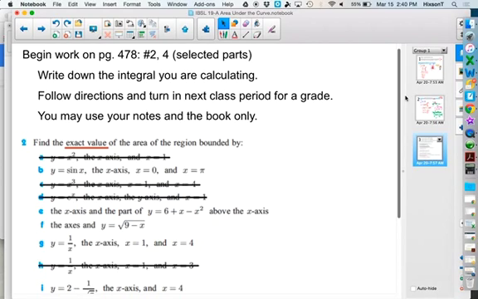But this will be due on Thursday. Show all your work. Show you're using the fundamental theorem of calculus. So, I'm going to give you some time here, the next 25 minutes to start on this, and then we're going to look at the other part of our lesson after that.